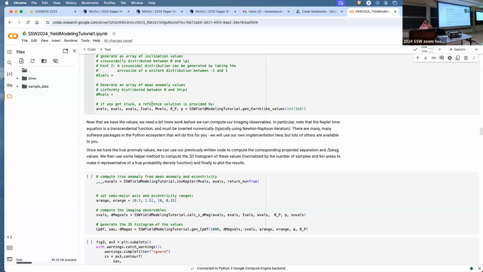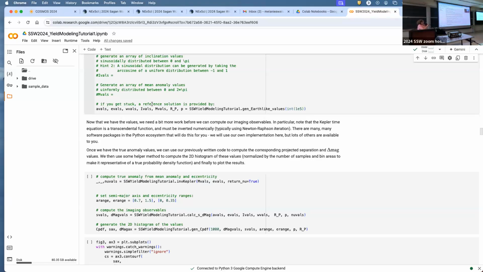All right, so we are almost able to calculate the completeness function, the probability distribution function. But first, as Dmitry was saying, we have to compute the true anomaly values. And so we're going to use our previously written code to compute.